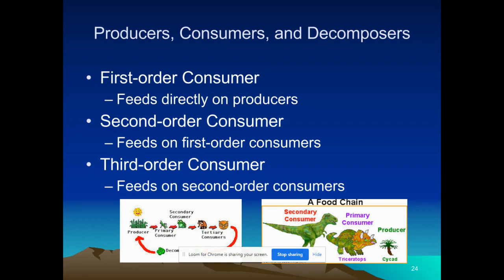Then the secondary consumer is the frog, who eats the grasshopper. Anything after the second we also call tertiary consumers. So the raccoon eats the frog, and then the owl eats the raccoon. The owl will die, decompose into the ground and go back into the cycle. It's like the cycle of life, like Lion King, the circle of life, okay?